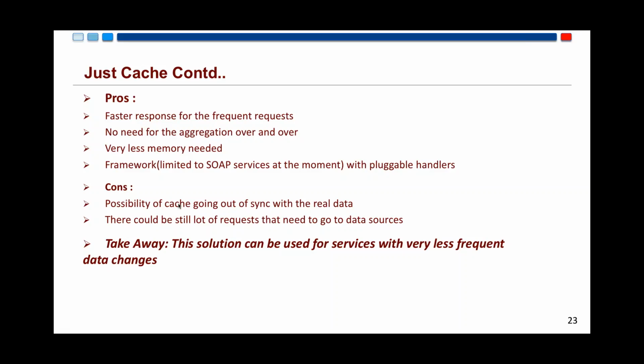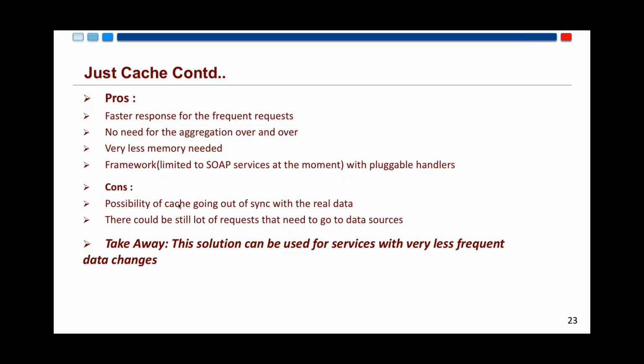If the service is cached with some time to live, and before the cache expires the data changes in the data sources, the consumer will see only stale data, not the real data. And there could still be a lot of requests that need to go to data sources. If there are new requests with a new input signature, they still need to go to the data sources and insert the cache.